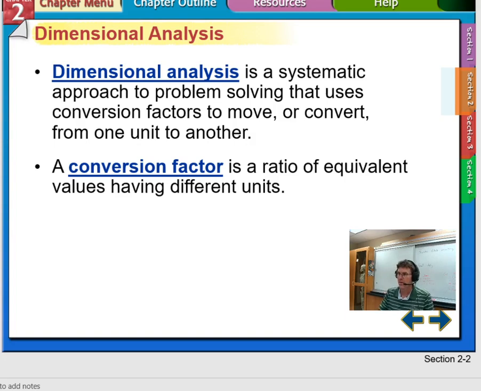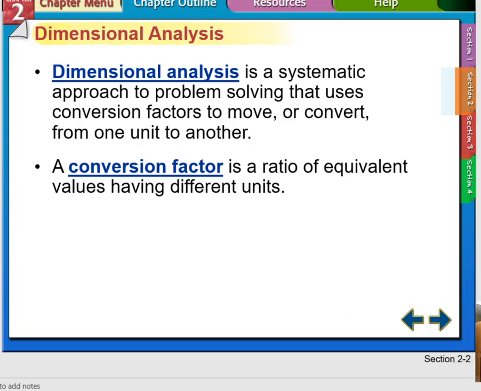So, all right, when you are converting something, let's think about mathematics here for a little bit. You are allowed to multiply anything by 1, right? So if you have the value 5, and you multiply by 1, it is still 5.